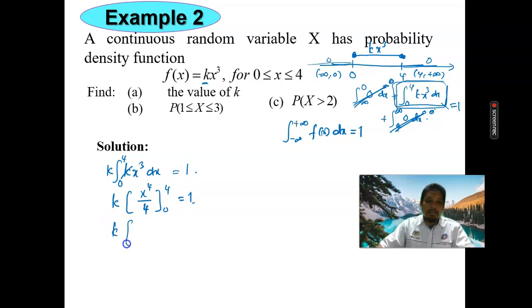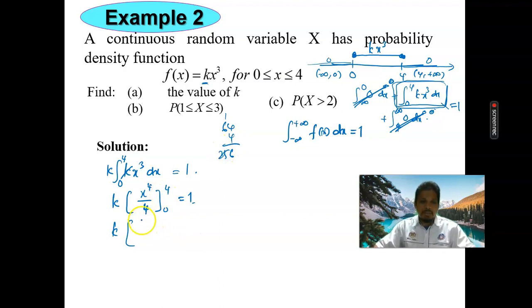Okay, k, substitute x with 4. 4 to the power of 4. 4 times 4 is 16. 16 times 4, 64. 64 times 4, 256.